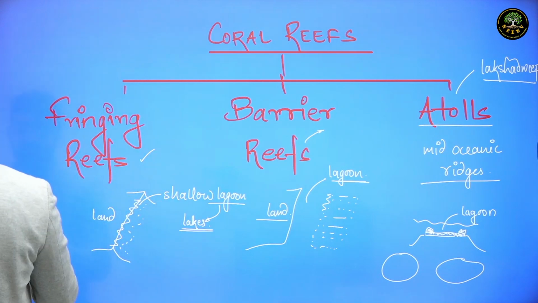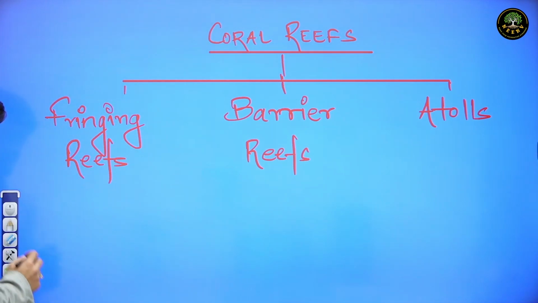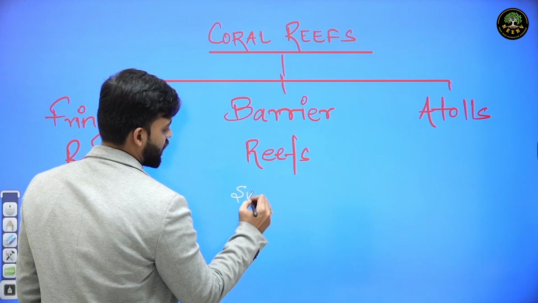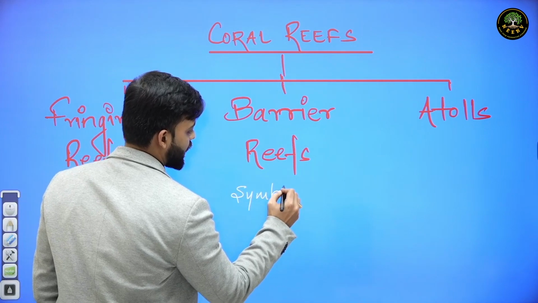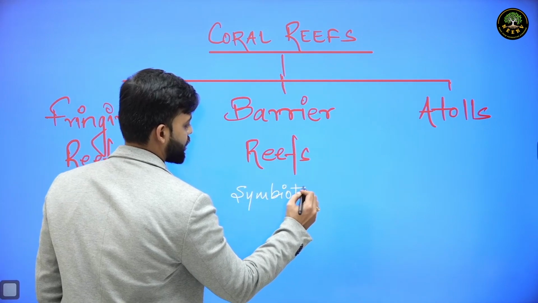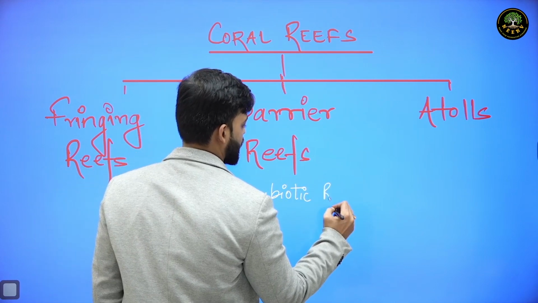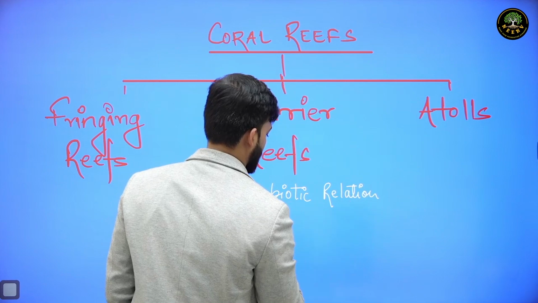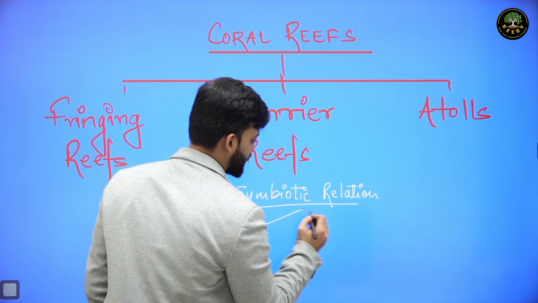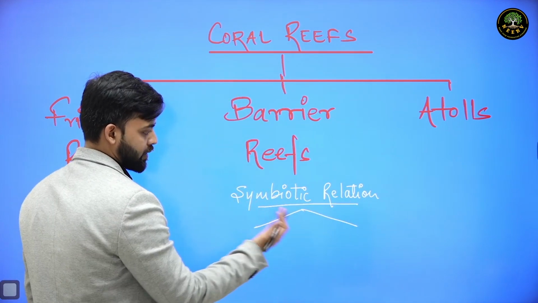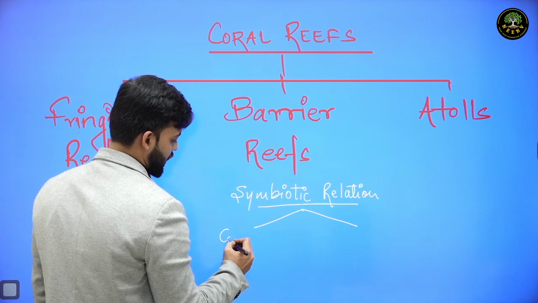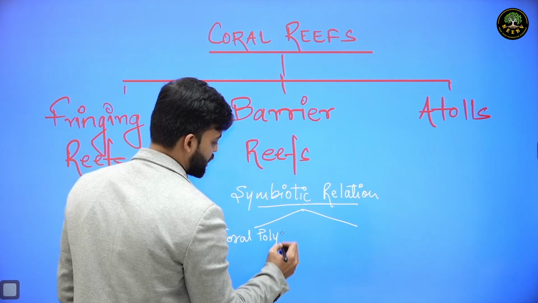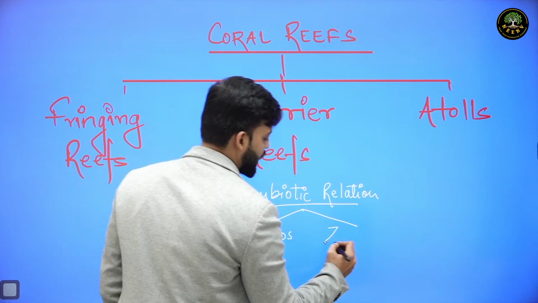Now, the formation of coral reefs is basically a symbiotic relation, that is, the relationship in which both the parties get helped, between coral polyps and zooxanthellae.